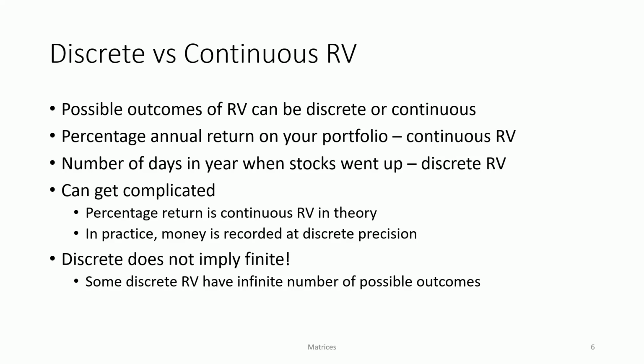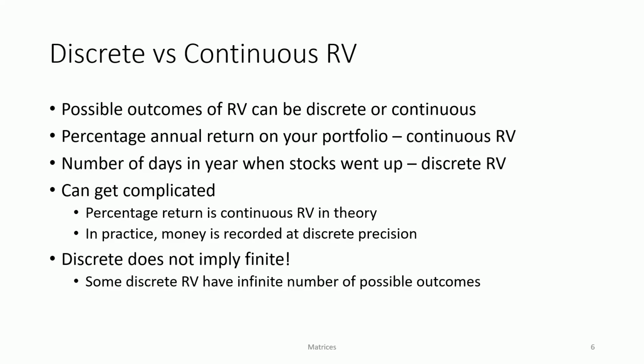So that's the complication which we are going to largely ignore, and rarely are these complications important, right? So we will just assume it's a continuous random variable, but just remember, whenever you're using digital computers, there's nothing truly continuous. Everything is recorded and calculated with a finite precision.